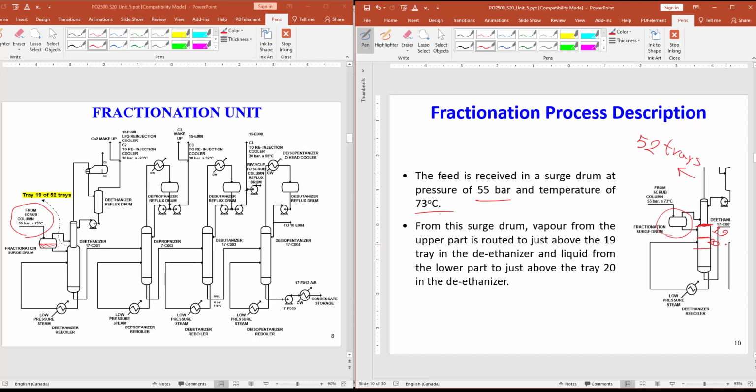Then the vapor goes up and the liquid goes down. This is how the operation starts.